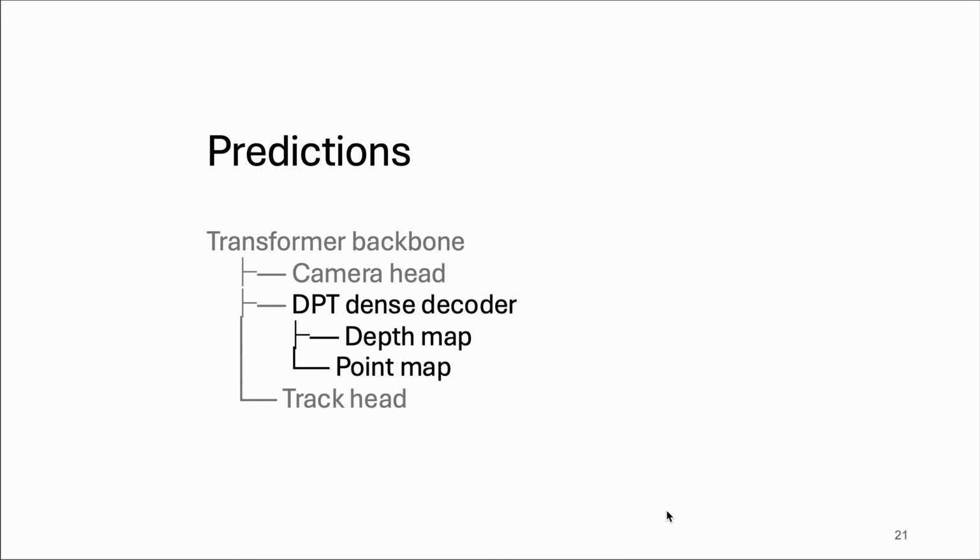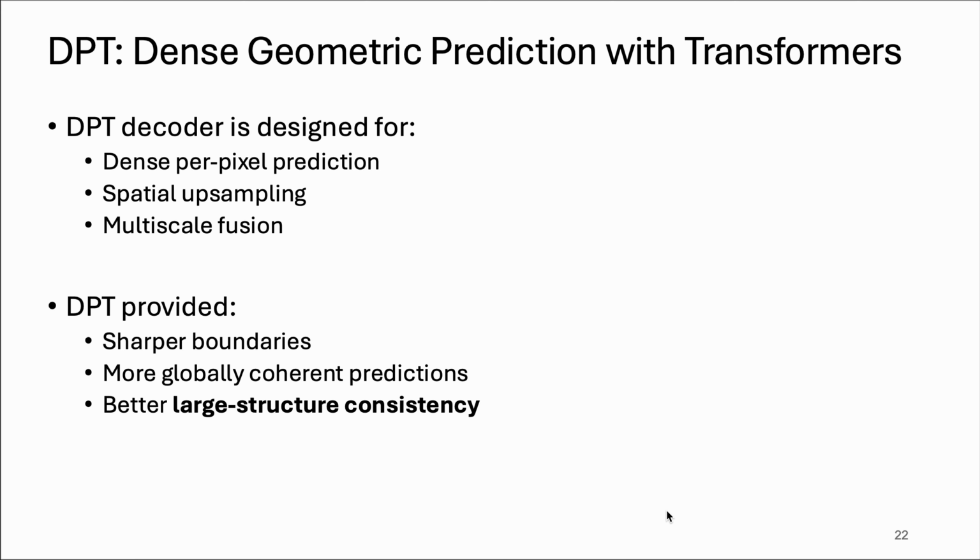The second part of the output is the dense output. First, we need a brief review of the DPT, the dense prediction transformer. The dense prediction transformer was also proposed by Meta. It was used to predict dense output by using multi-scale fusion and extracting multi-level features from the transformer.